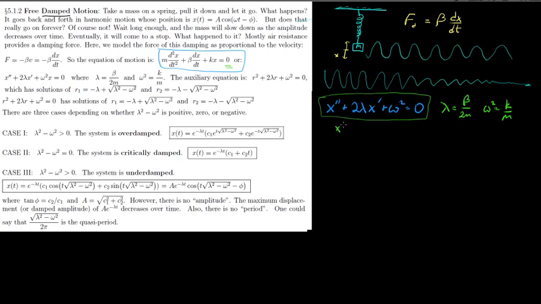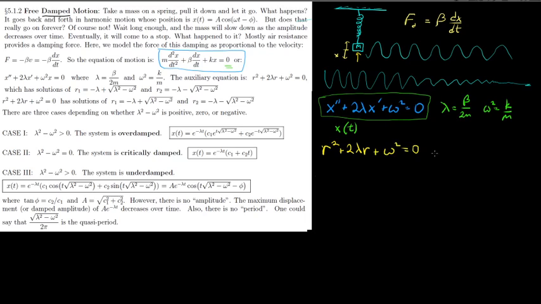This is the equation we want to solve for x, in other words, we want the displacement x as a function of time, t. We do this the usual way. We get the corresponding auxiliary or characteristic equation. Remember, instead of using m, because we don't want to confuse m with mass, I'm going to use r here. So this will be r squared plus 2 lambda r plus omega squared equals 0.